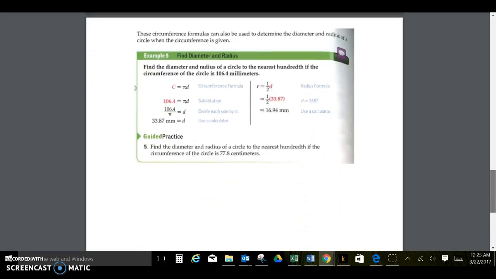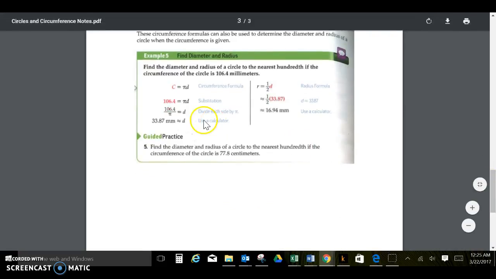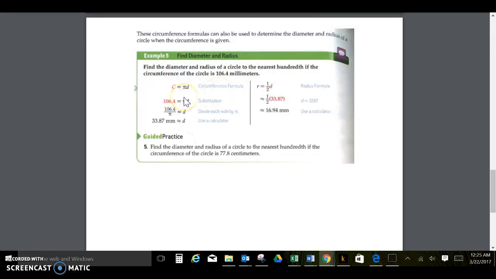Okay. All right, another thing they might do to you here is sometimes they'll give you the circumference and ask you to find either the diameter or the radius, okay? And so in this case, it says the circumference is 106.4 millimeters, okay?